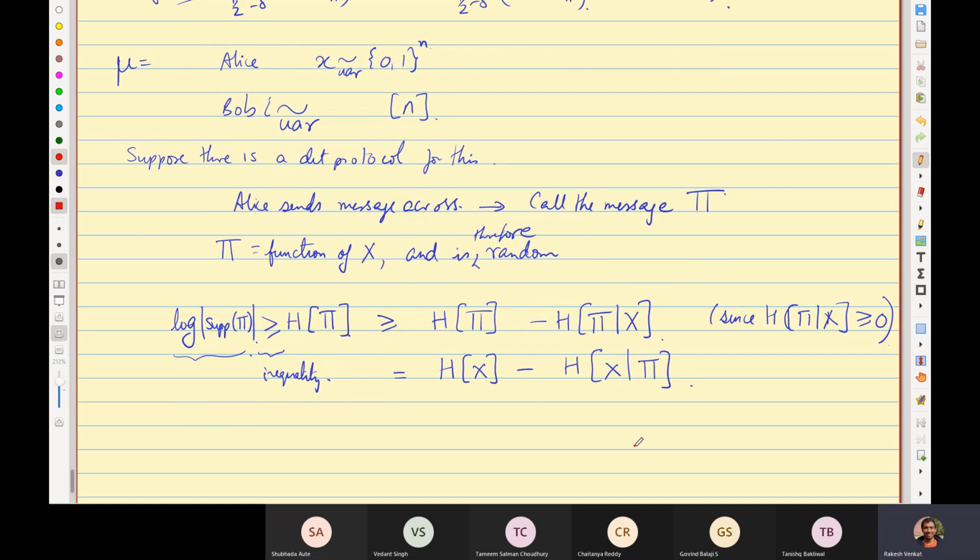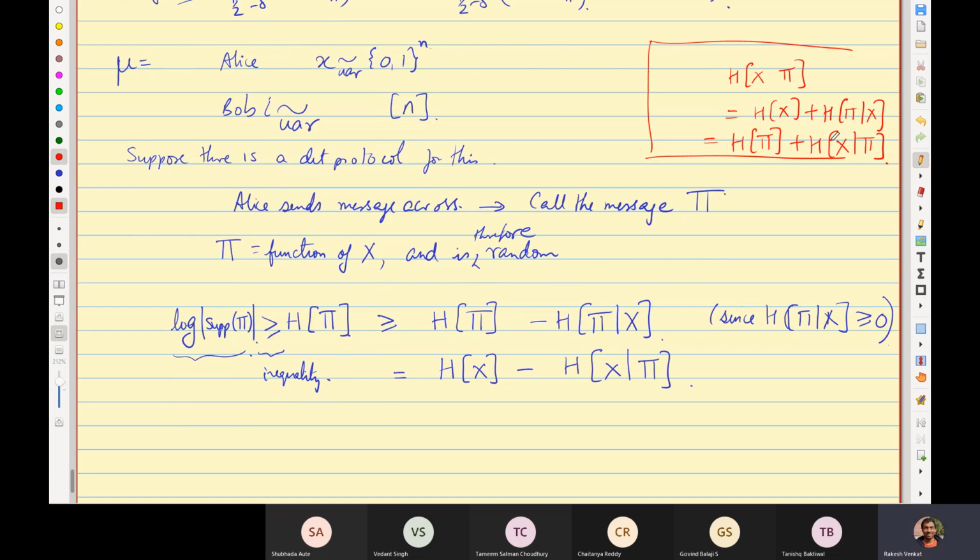Well, it's just the chain rule being applied. Both of these sides are equal. So you have H of X and pi taken together is H of X plus H of pi given X, and it's also equal to H of pi plus H of X given pi.